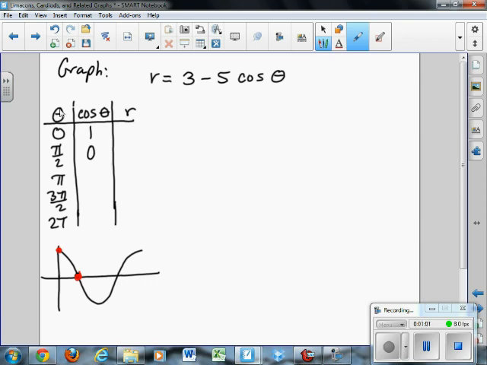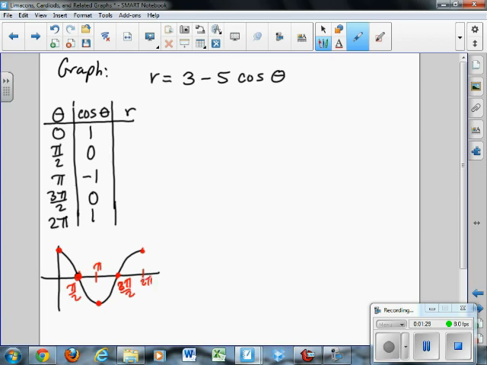When theta is pi, cosine of pi is negative 1. When theta is 3 pi over 2, cosine of 3 pi over 2 is 0, and then we're back up to 1 at 2 pi. Okay, so remembering your points there.